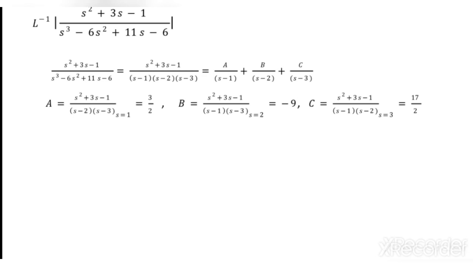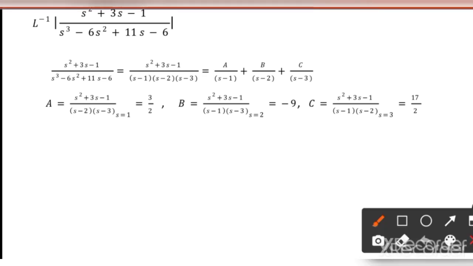So s square plus 3s minus 1. Here a by s minus 1 we have taken, that's why we close s minus 1. The left out factors are s minus 2 and s minus 3, and the value we give is s equal to 1, because at s equal to 1 this becomes 0. So we have a is 3 by 2. Likewise b we got minus 9 and c we got 17 by 2.